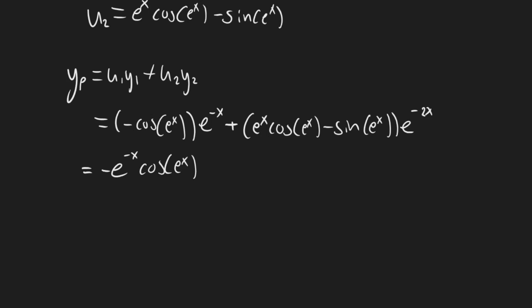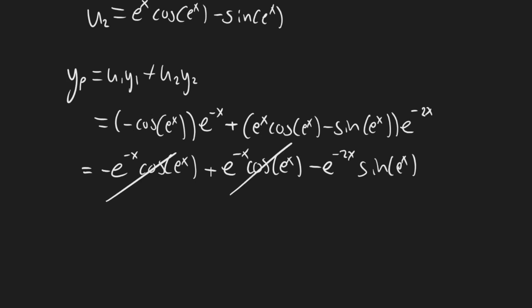Now we have a plus e to the negative x times cosine of e to the x. Okay, that's good news. It looks like those are going to cancel. Then we have a minus e to the negative 2x times sine of e to the x. So yeah, these are going to cancel, and then we're just going to be left with a negative e to the negative 2x sine of e to the x as our particular solution here.